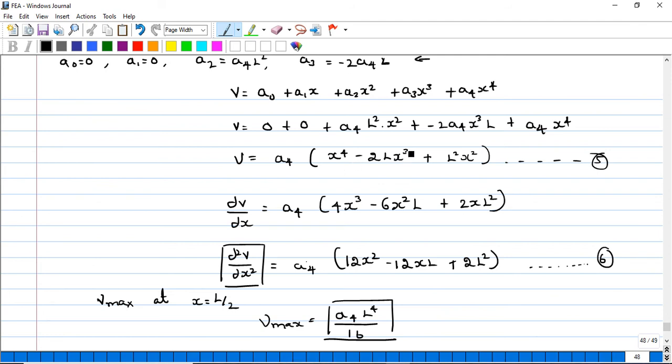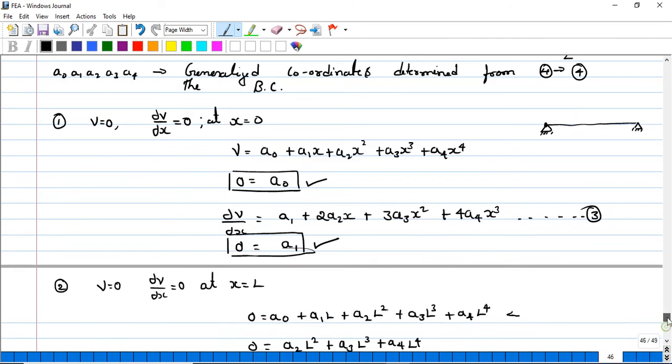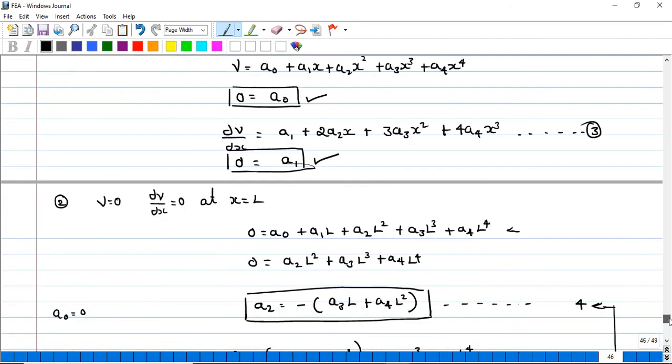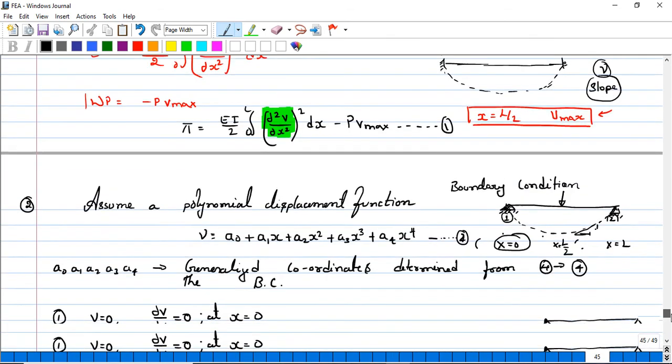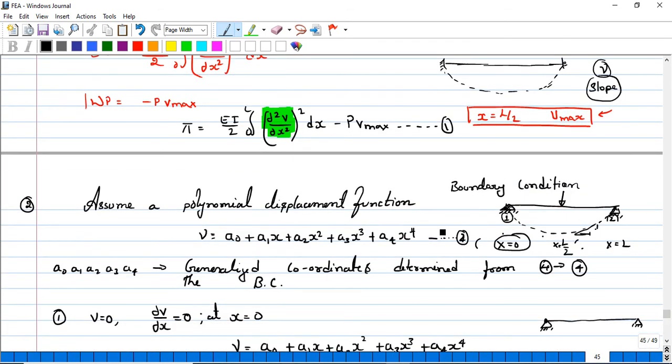Here l cube by 8 multiplied by 2l, it will be l to the power of 4 by 4. Same, l to the power of 4 by 4. So when you do that, you will be getting a4 l raised to 4 by 16, that is v max. So now we are able to identify, we can successfully substitute the values of the double differentiation of ∂v/∂x and v max.